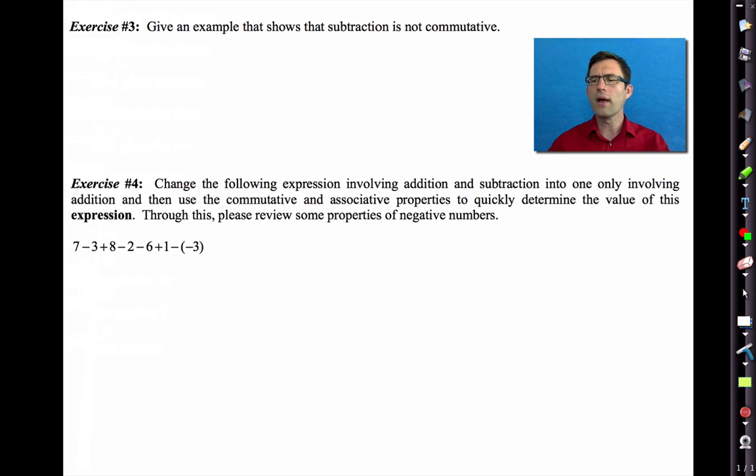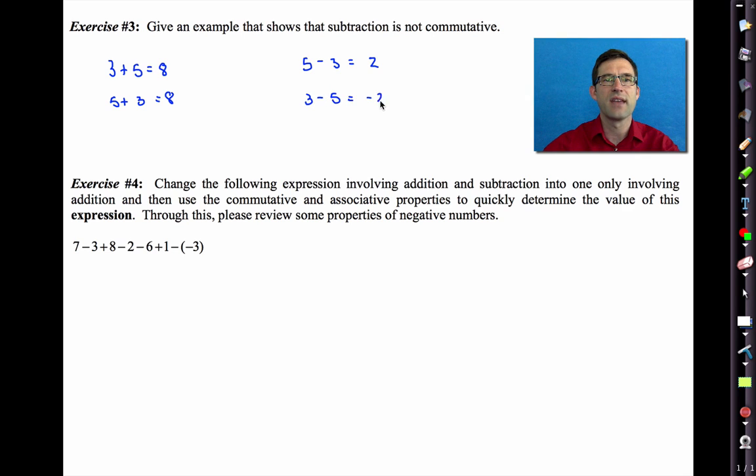So addition is commutative because 3 plus 5 is 8 and 5 plus 3 is 8. But watch what happens when we do subtraction, right? Let's go with the same two numbers. 5 minus 3 is 2, but 3 minus 5 is negative 2, so not commutative.